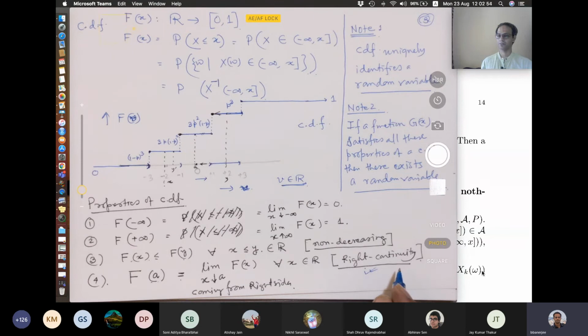It is discontinuous. We have never claimed that it is continuous. This is in general true. But when we introduce the continuous valued random variable, you will see that the CDF is continuous. Both left limit and right limit are same. But in general, this is the criteria of a CDF, and that satisfies all the necessary things.